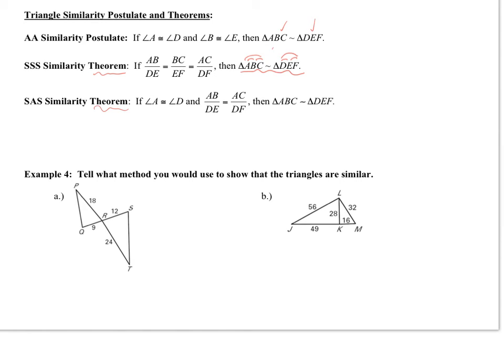Example 4. Tell what method you would use to show that the triangles are similar. For this one, I need to look at the picture and analyze. It seems like angle QRS is congruent to angle SRT by the vertical angles congruence theorem.